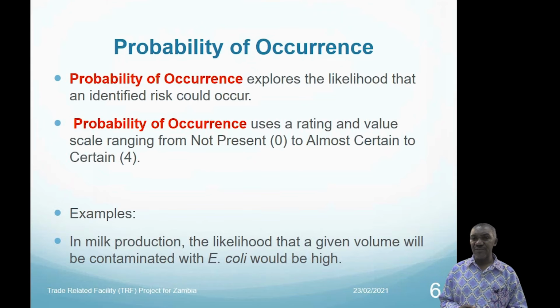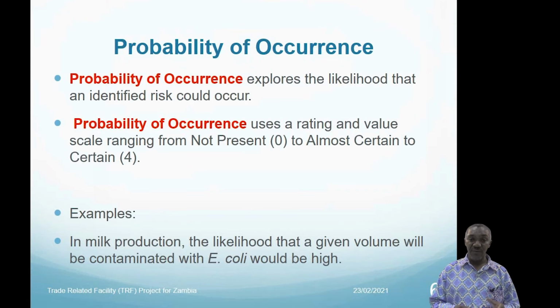So when we are using risk rating, you can rate the risk from not present to present. We can use a scale, if you like, if we are using the qualitative approach. For quantitative risk assessment, the likelihood of occurrence can be 0, that's the minimum, and the maximum will be 1.